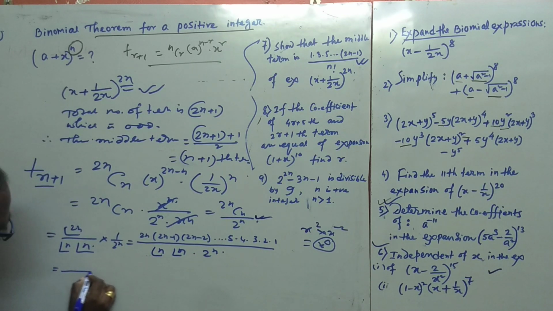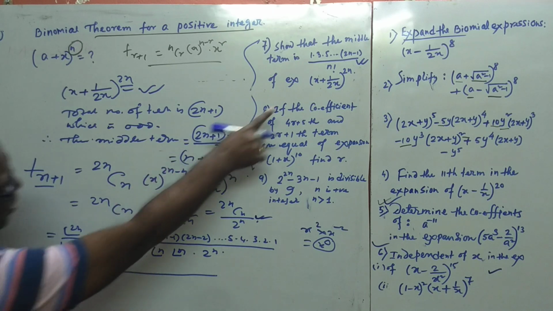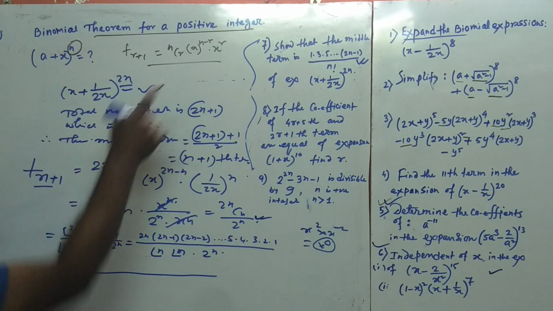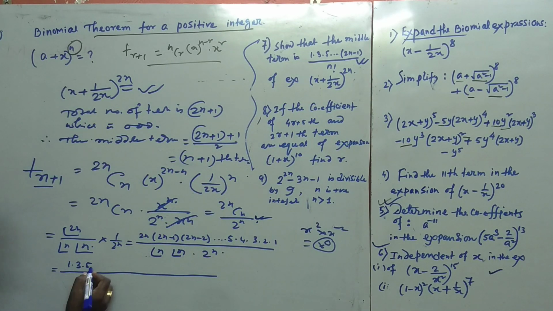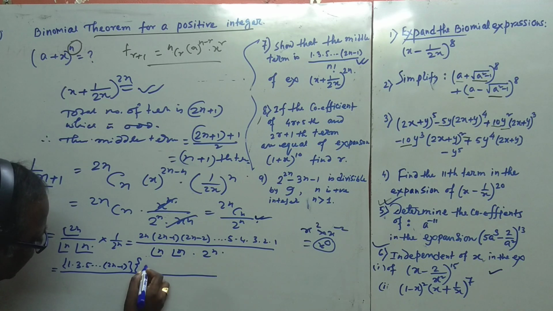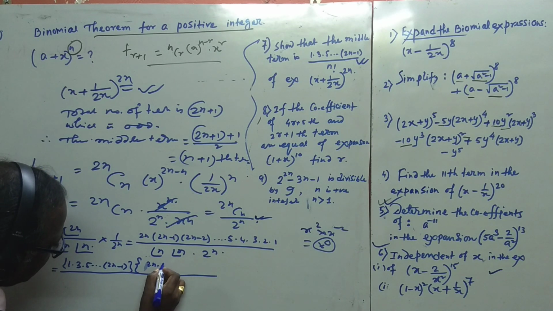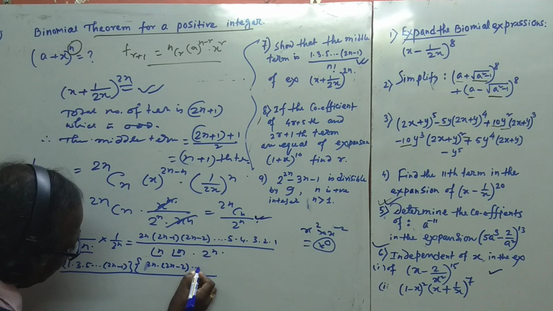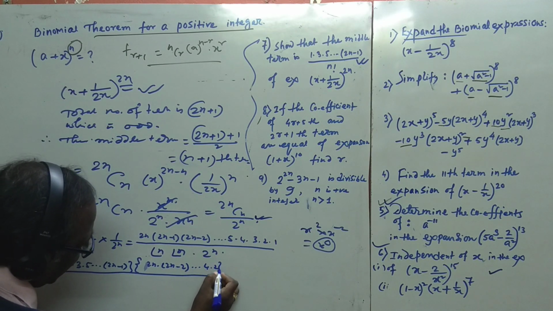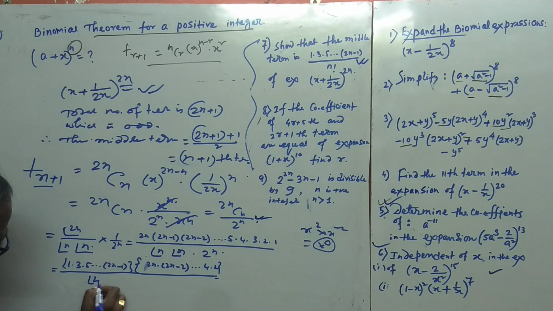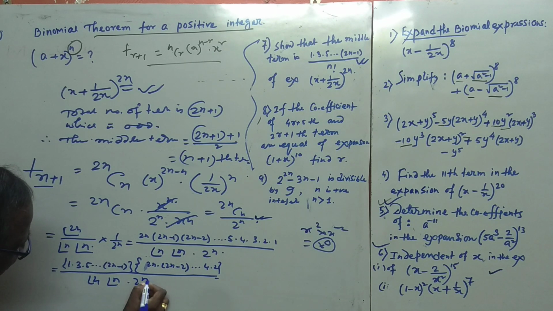And now even and odd are separated, like 1, 3, 5, which we have to show. So odd numbers are separate, even and odd are separated by this.